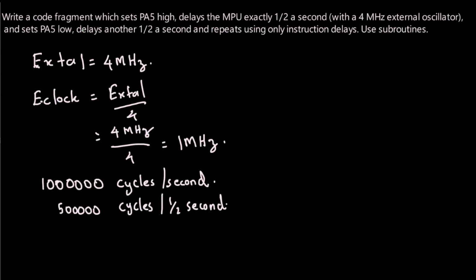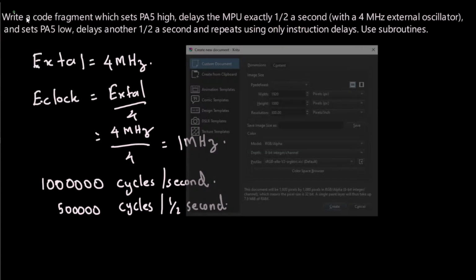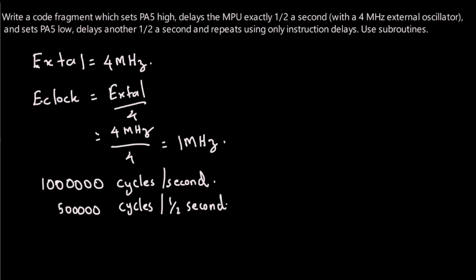The question also mentioned to set PA5 high and PA5 low. In order to do this, you have to know that port A has a range of PA7 to PA0. Sometimes the question may ask to set PA4 low, PA4 high, PA5 high, PA5 low.